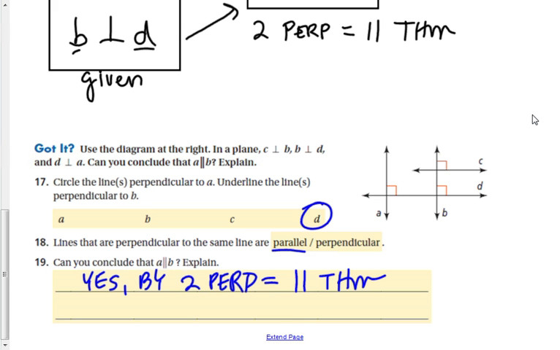I hope you realize that I'm using that symbol to represent parallels there. All right, go ahead and do the lesson check and be ready to share that with us in class the next time we meet.